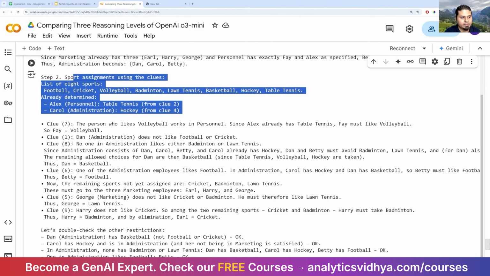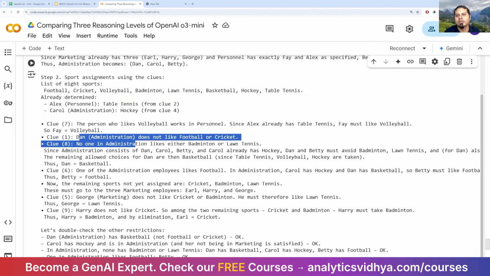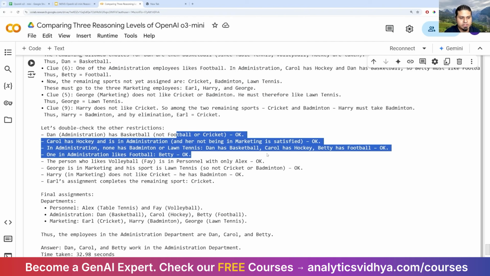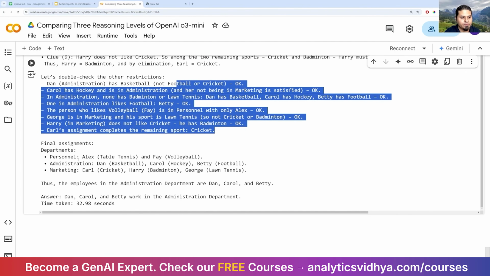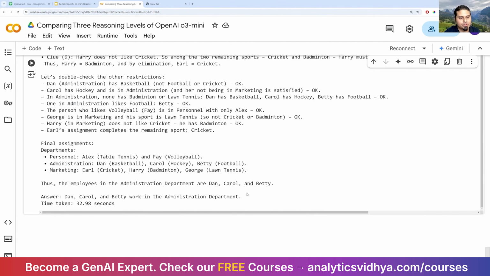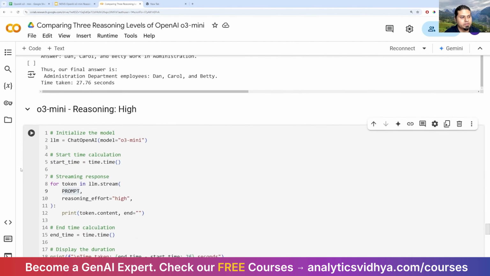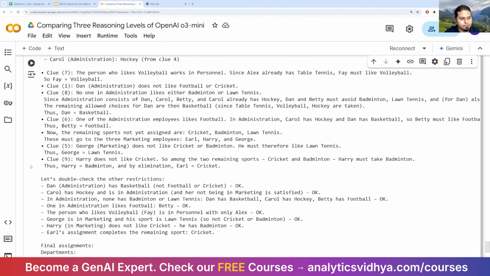And as it is looking at every clue, it starts looking at all the 3 things: people, departments, sport interest, does some fact checking, and then the final assignment. And it does a pretty good job in terms of the 3 people who are in administration. And it takes 33 seconds roughly for this, which is slightly longer than the medium reasoning effort level.